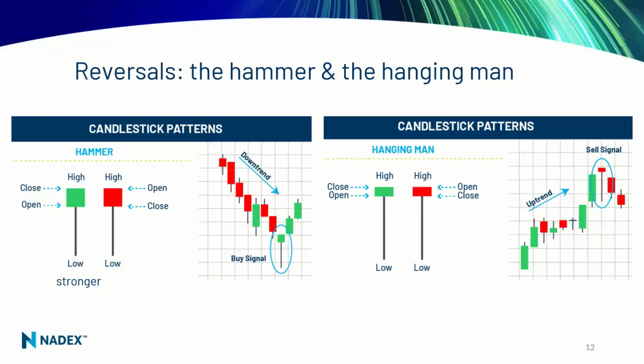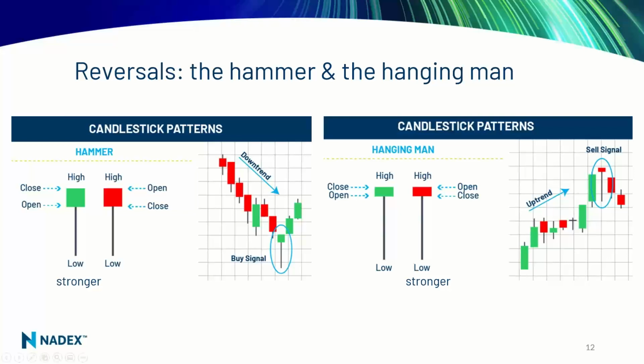If you're in an uptrend, and then you see this hanging man formation, notice the head of it is a little bit different, it can indicate a sell signal. That means potentially this uptrend is going to reverse. And a red hanging man is a stronger sell signal than a green one.